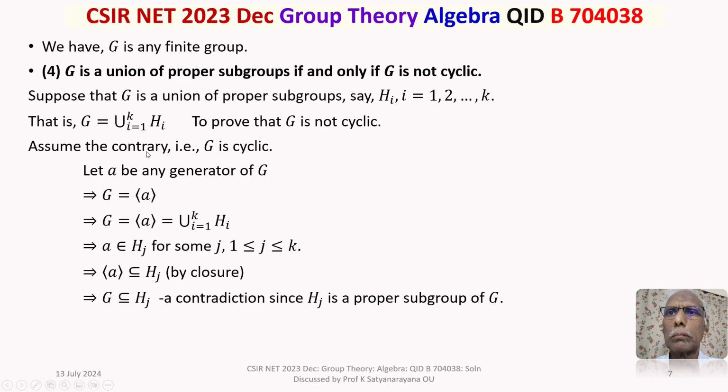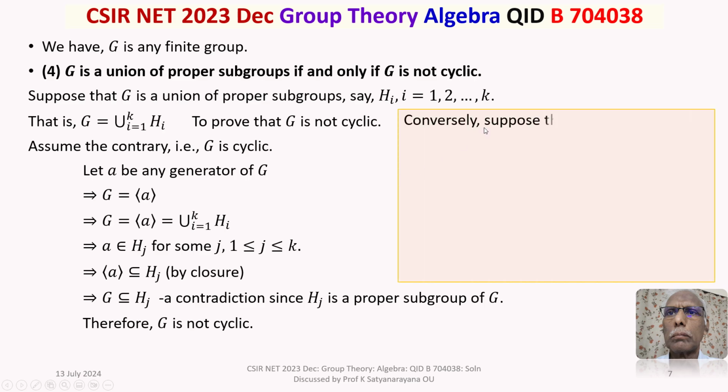Therefore, your assumption is false. Therefore, G is cyclic is false. That is, therefore, G is not cyclic. Right. That is the one part. So, if it is a union of proper subgroups, then G is not cyclic. We prove the converse part now.